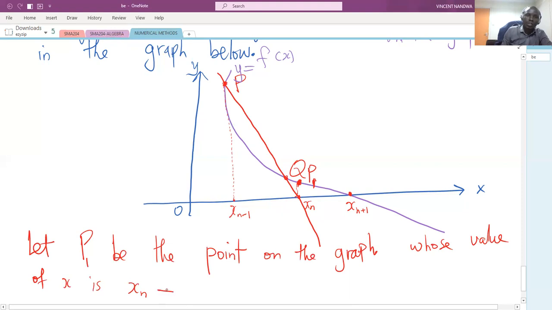So this implies that the coordinates of P1 will be given by xn, comma f of xn, because the function defining this graph is y equals f of x.